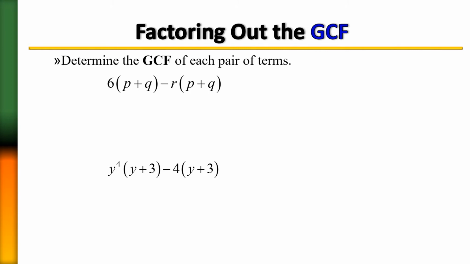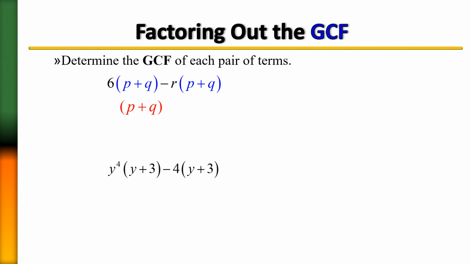Well, if you don't see it, I'm going to highlight it for you. What these two terms share in common is a P plus Q. Notice this first term has a P plus Q, and the second term also has a P plus Q. So the GCF is the P plus Q. And what is left once you take that GCF out?